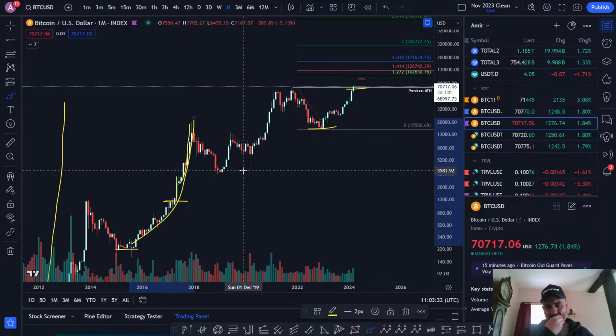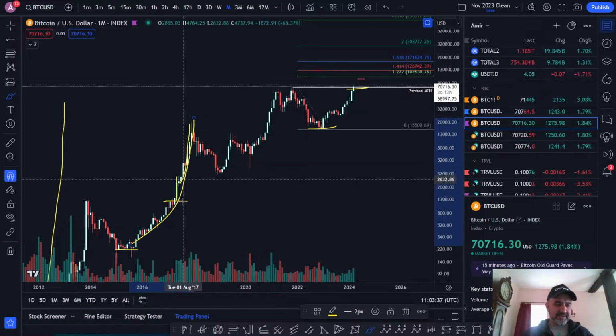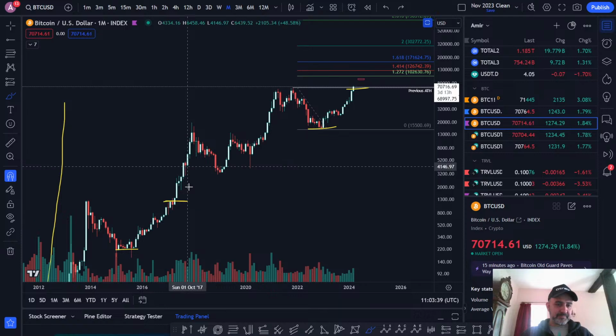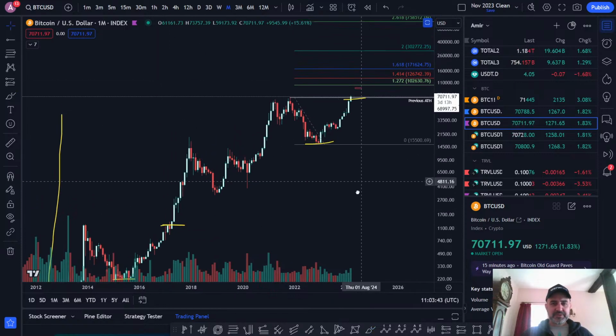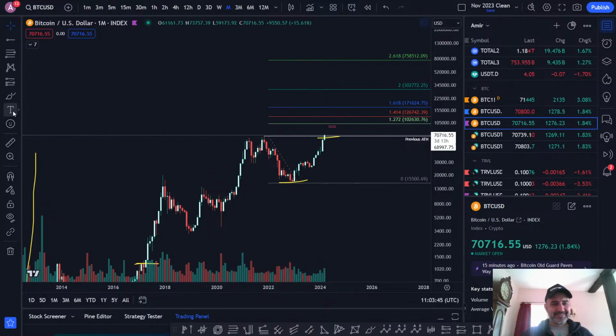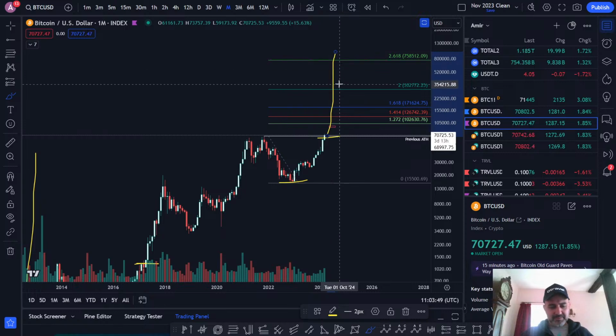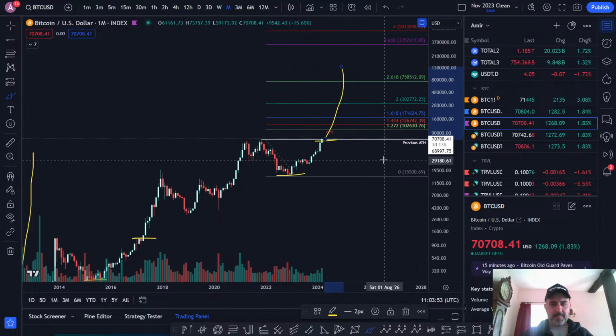And it will accelerate. You see how it accelerates? It just goes higher and higher and higher. It just gets steeper, and I think that's what it looks like. So we could accelerate all the way to 1 million.